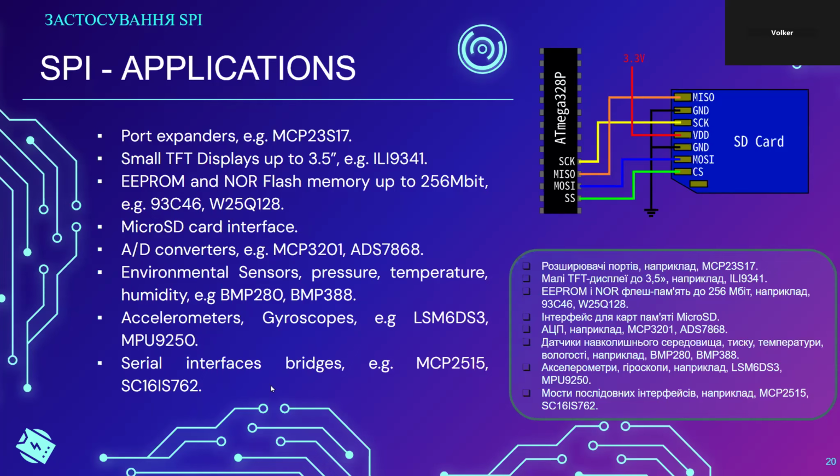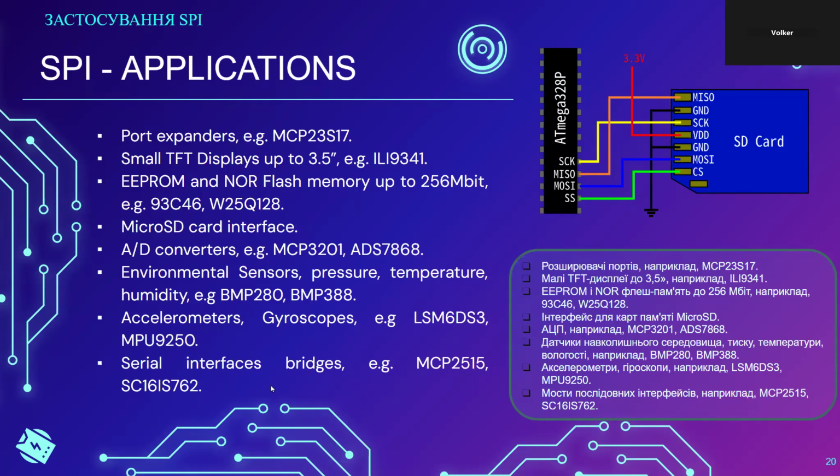The other way around, you could use an SD card to very quickly transfer log data that has been gathered in, for example, a NOR flash. That would be a very fast way to transfer logging data from a NOR flash to an SD card that can just be pushed in and unplugged and then read by a PC and examined in Excel, for example. So micro SD card has an SPI interface mode.